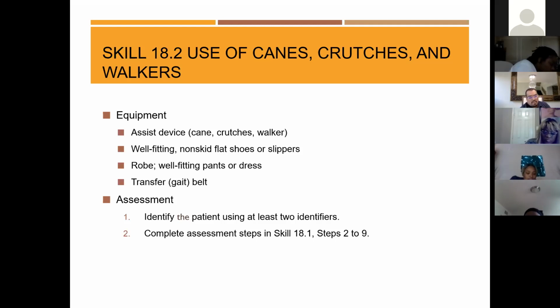Make sure that her clothes fit well, right? We don't want to have any pants that are hanging over the shoes, or dresses that are too long, because we don't want them to trip over their clothing while they're trying to walk with their assistive devices. Okay. And then you're going to do all the same things that you typically do. Identify your patient, wash your hands, all those things. Okay.